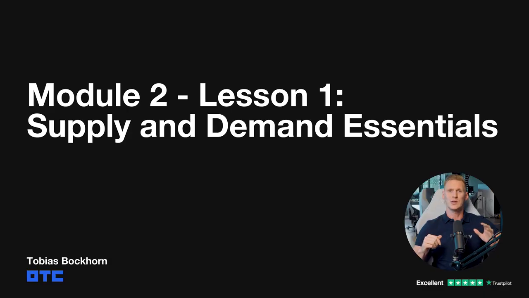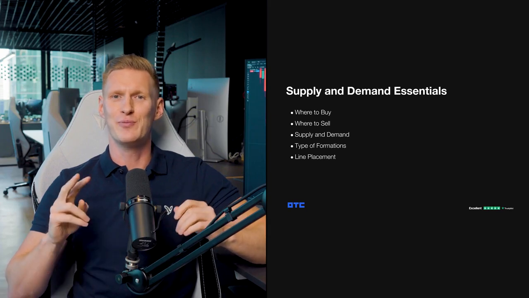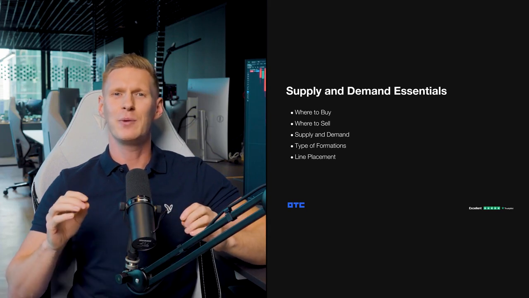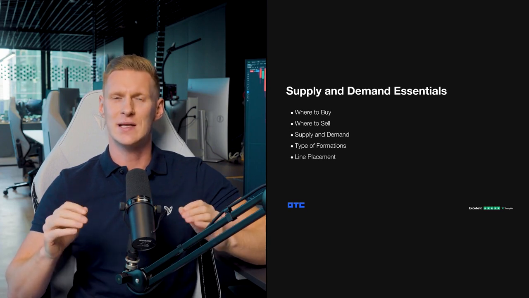Let's dive in. Module 2, Lesson 1, Supply and Demand Essentials. Welcome to the first chapter of Module 2. In this lesson, we will cover foundational concepts that are crucial for successful trading.